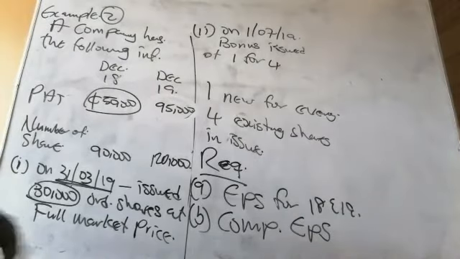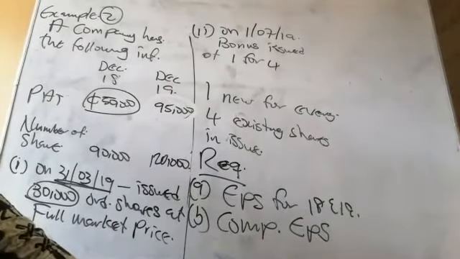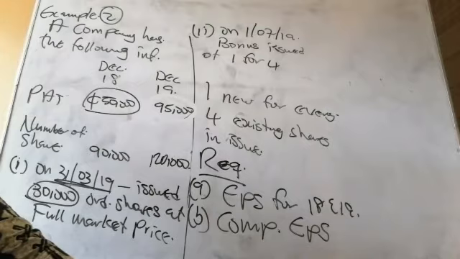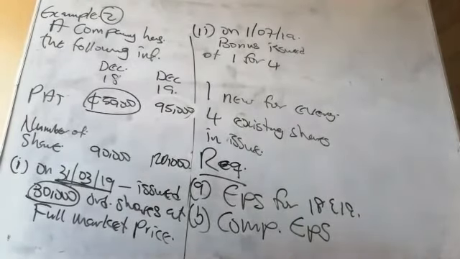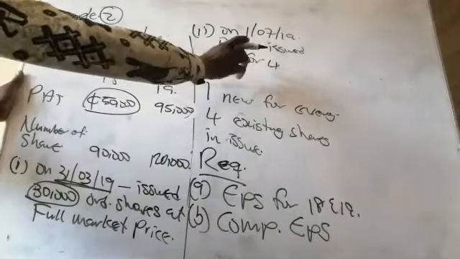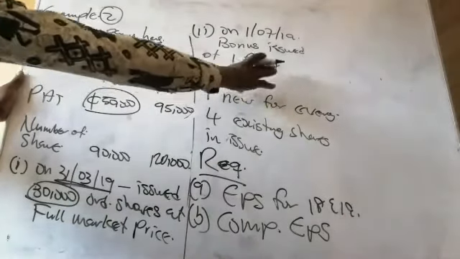Okay. Now let me confirm certain figures here. Okay, I think we can continue. So basically that's the question. Please, we use a bonus issue of 1 for 4.